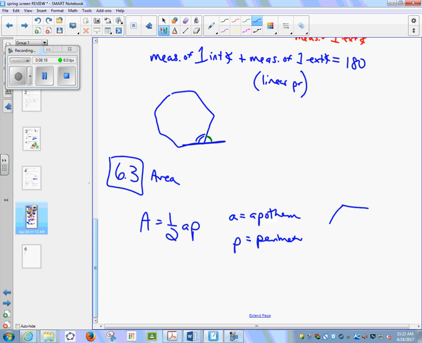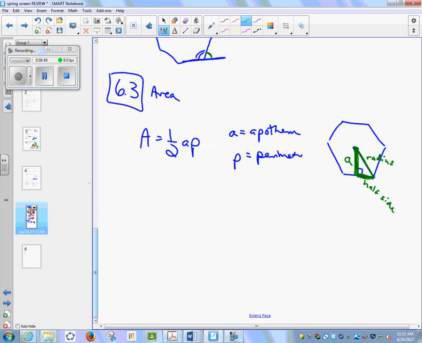And in a polygon, you're always going to highlight this triangle here, which is always drawn using the apothem on one side, going straight down perpendicular to the side. This side is called the radius. And here, this is 1/2 a side of the original polygon. So you've got the apothem, the radius, and 1/2 a side, making that triangle, and that's the triangle you're going to focus on.